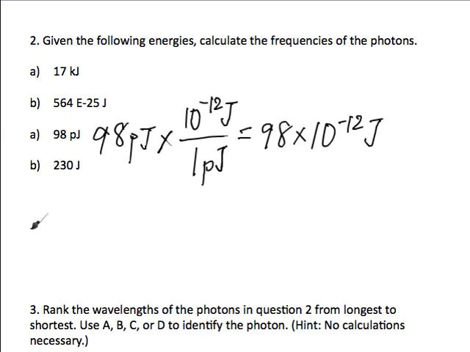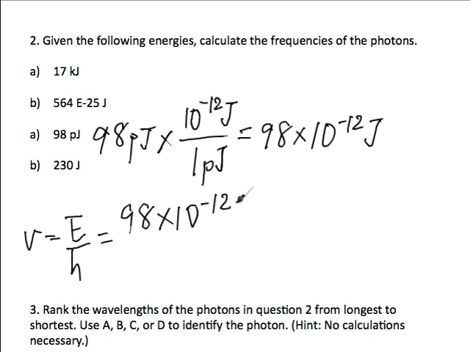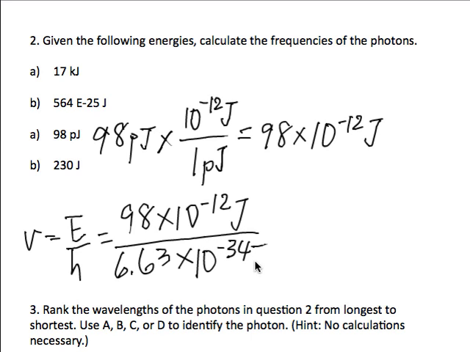So now we can just use our equation. Frequency equals energy divided by Planck's constant. So the energy is 98 times 10 to the negative 12 joules divided by 6.63 times 10 to the minus 34 joules times seconds.